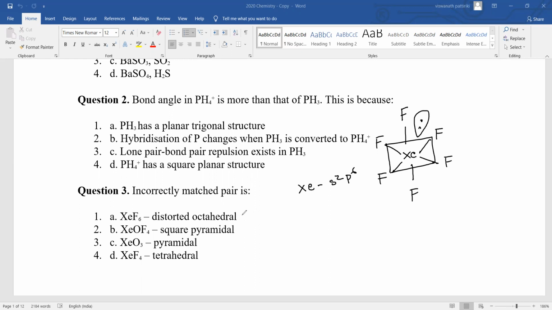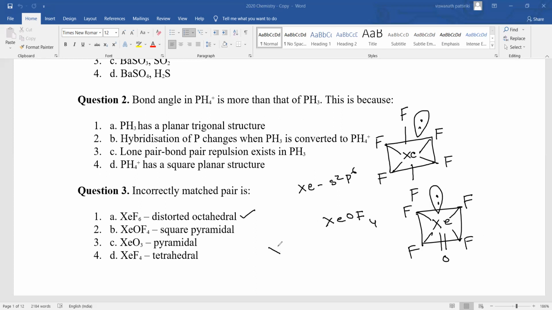Because of this reason, it is distorted octahedral. XeOF4 is square pyramidal, so this will be like this: F, F, F, F, double bond O, and here we have a lone pair of electrons.